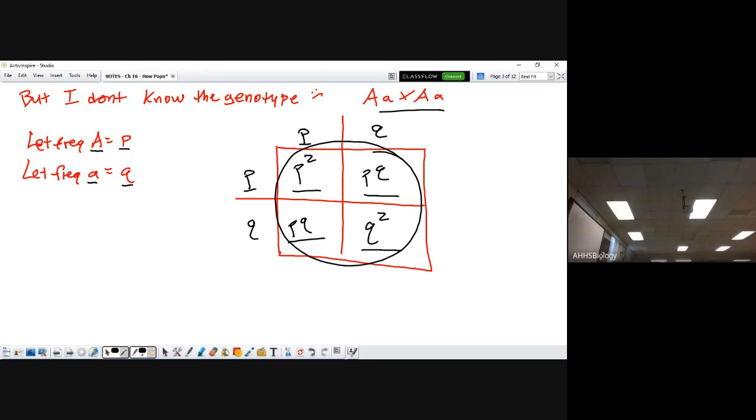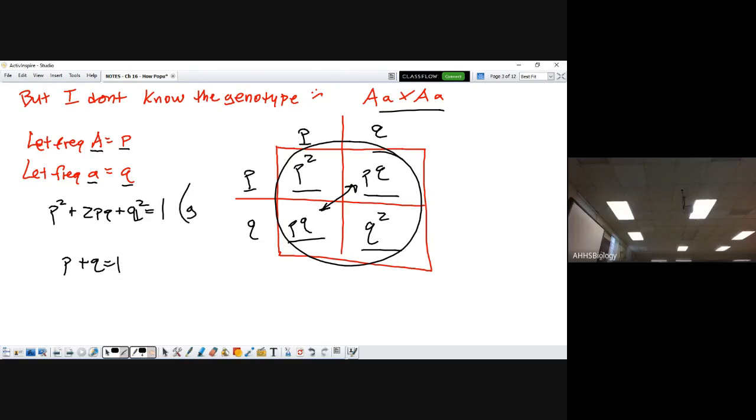And so you can take that and say everything has to add up, and you get P squared plus 2PQ. We just combined those right there. Okay. Plus Q squared equals 1. Okay, because you can't have it be anything else. The other formula we can get is P plus Q equals 1.